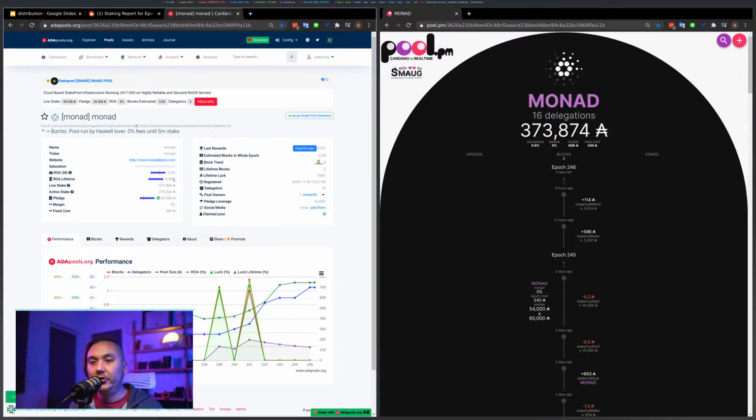You can see, according to ADA pools, even given the fact that we didn't have a block over here and we didn't have a block over here, for our stakers, if you had been with us from the beginning, you would still have almost a 9% return over the lifetime of the pool. If you were here from the beginning till now, we've been very lucky, and our lifetime luck now is at 168%.